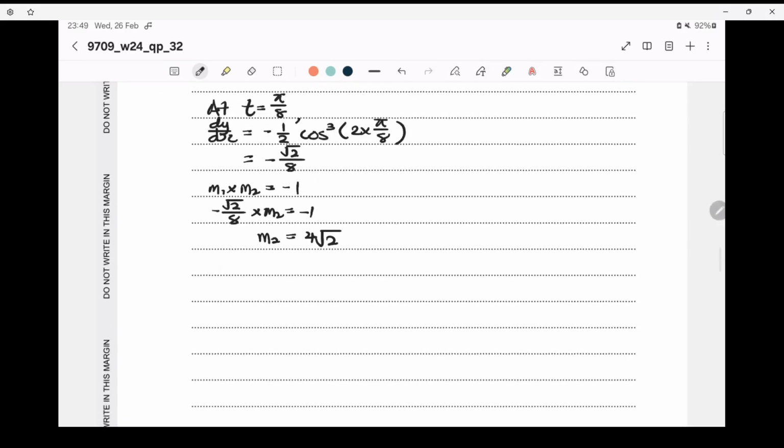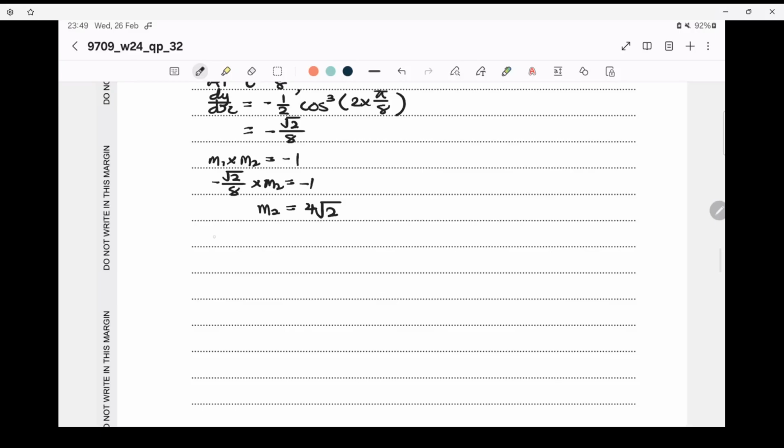So at t equals pi over 8, x will be tangent square 2 times pi over 8. That gives you 1. Whereas y will be cos pi over 4. I directly calculated it, I believe. So this is square root 2 over 2.